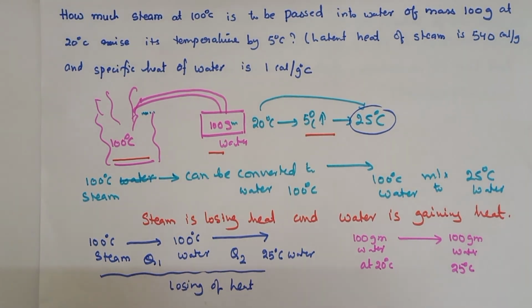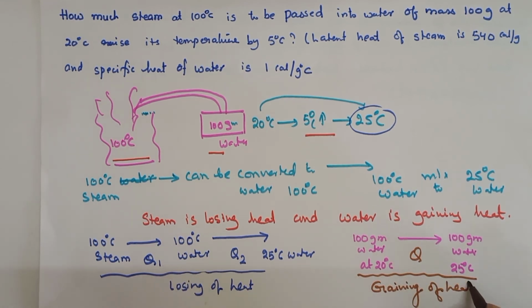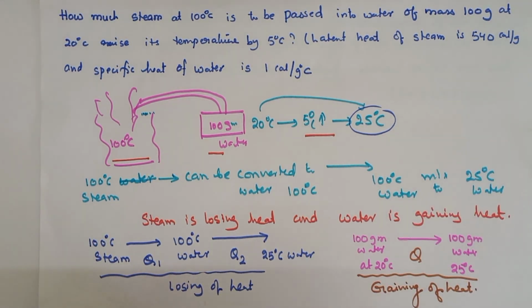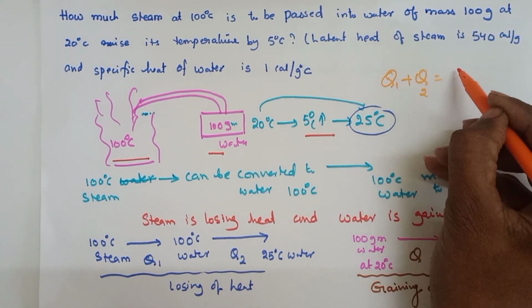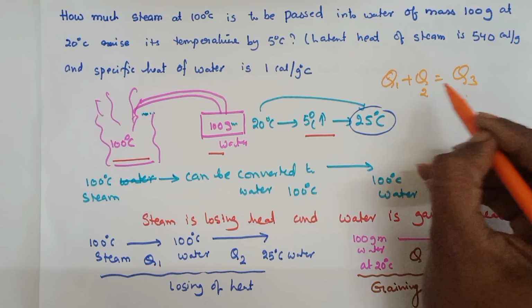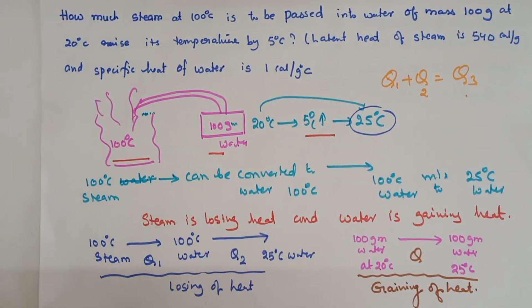So this is Q3, which is called gaining of heat. Now losing of heat, Q1 plus Q2, is equal to Q3, gain equals loss.